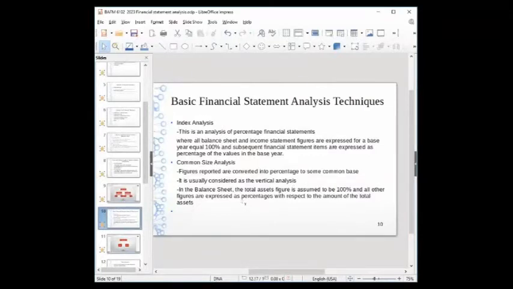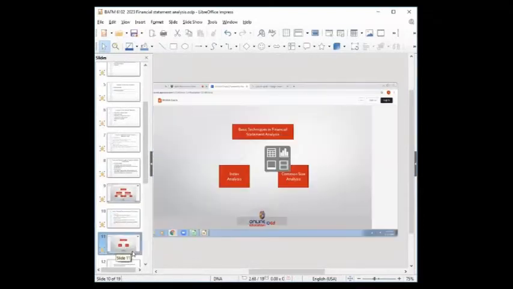So in the balance sheet, the total assets figure is assumed to be 100%, and all other figures are expressed as a percentage with respect to the amount of the total assets. So the basic techniques of financial statement analysis are the index analysis and the common size analysis.